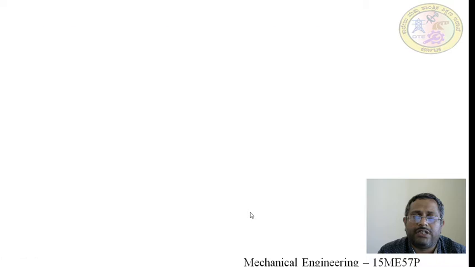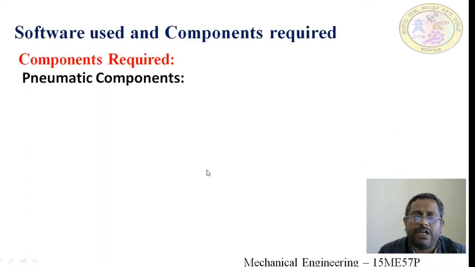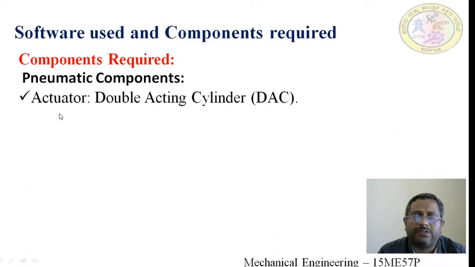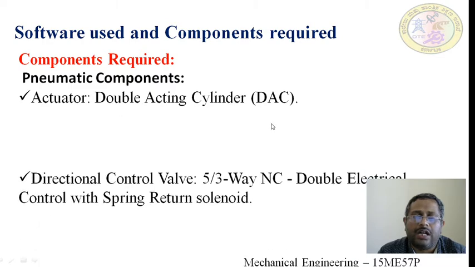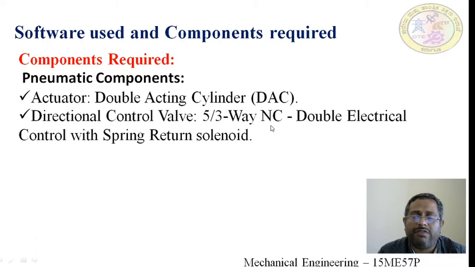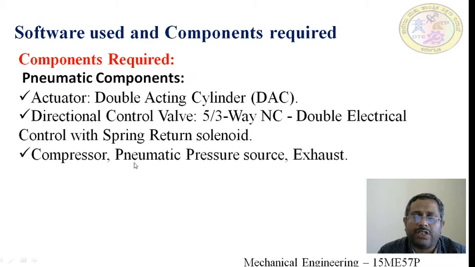And next we will see what are the pneumatic components required. The pneumatic components, first we require an actuator. Here we are using a double acting cylinder, and next we require a 5/3 way normally closed double electrical control with spring return solenoid as a directional control valve. Next, we require a compressor, pneumatic pressure source and exhaust to supply the pressurized air into the DAC.